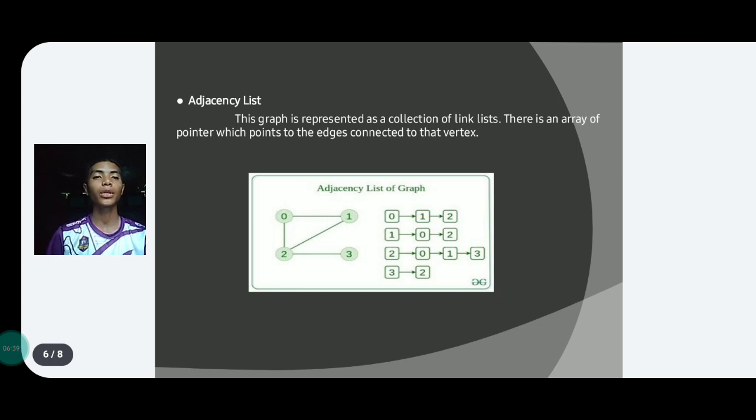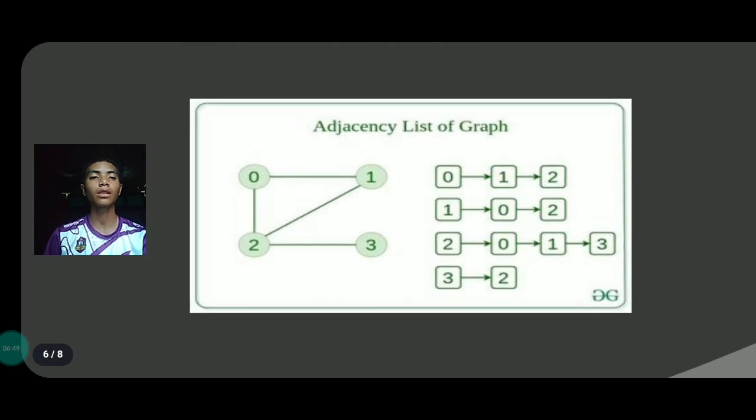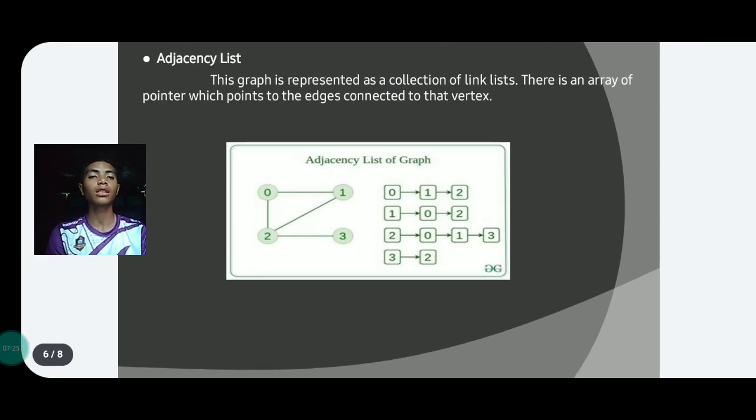There is an array of pointers which points to the edges connected to that vertex. Here is the example of the adjacency list of the graph. We have 0, 1, 2, 3. For 0, we write on its right side, with an arrow, what it is connected to. 0 is connected to 1 and 2. 1 is connected to 0 and 2. 2 is connected to 0, 1 and 3. 3 is connected only to 2. That is how the adjacency list is collected.